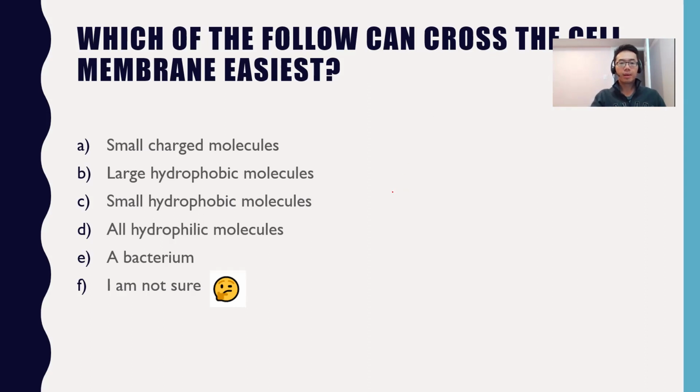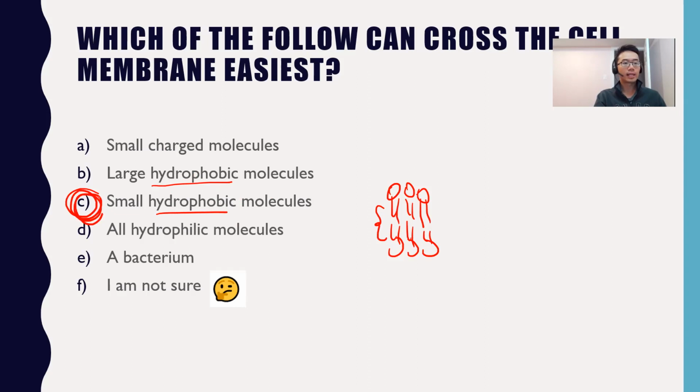So remember, the membrane is a phospholipid bilayer, and there is a thick hydrophobic layer in between. So anything that's hydrophilic will have a hard time crossing it. So it's either B or C. Hydrophobic, and of course, if it's smaller, it will be easier to cross it.